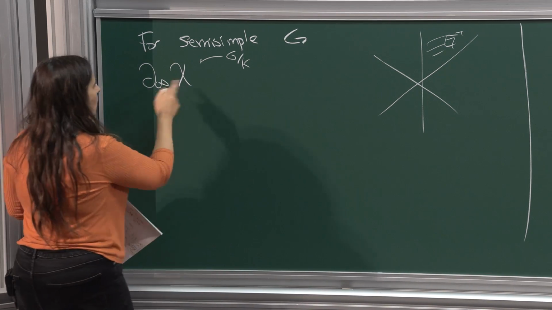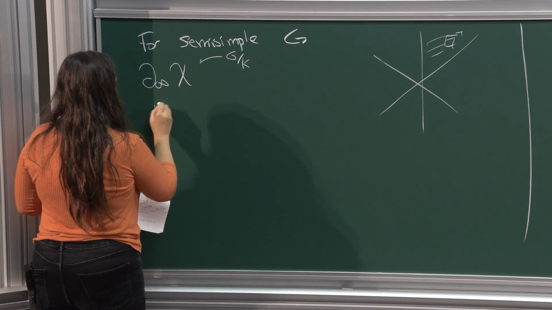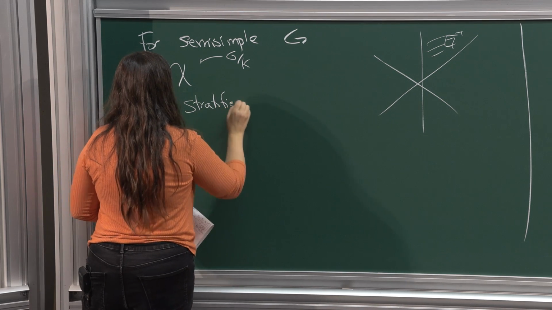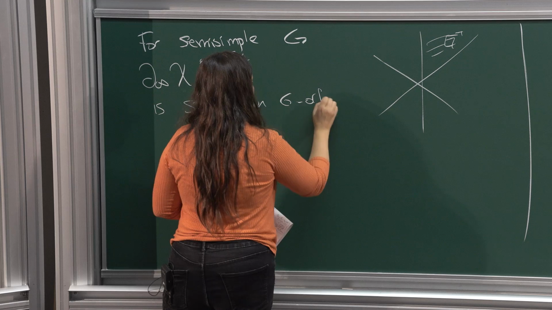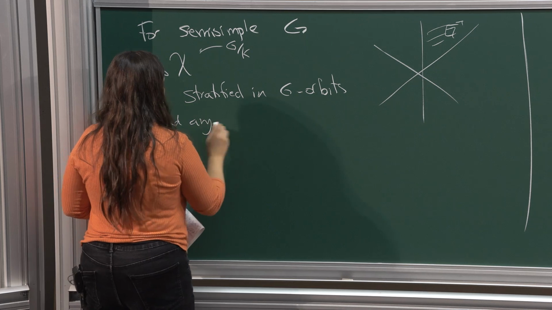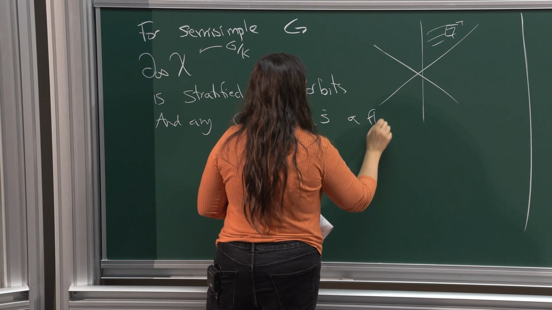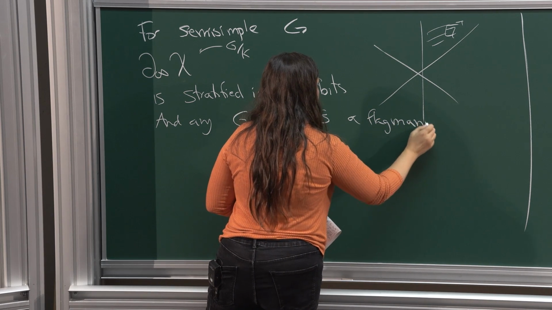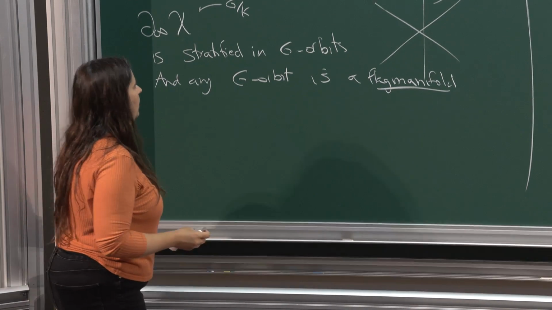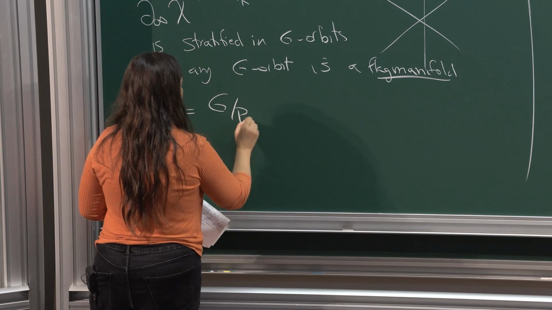And the point is that the visual boundary of X as a CAT(0) space, so the set of rays modulo parallelism, is stratified in G orbits, and any G orbit is a flag manifold, which I call F theta, which is G mod P theta.